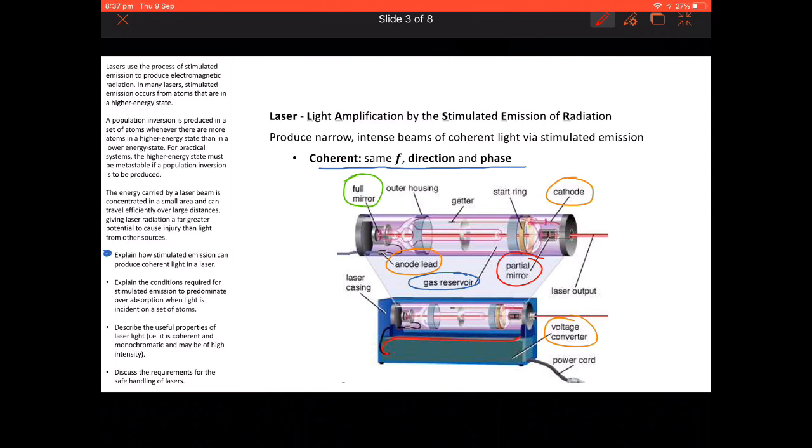So the mirrors are reflecting most of the photons back and forth, and they're causing stimulated emission and then interfering constructively.